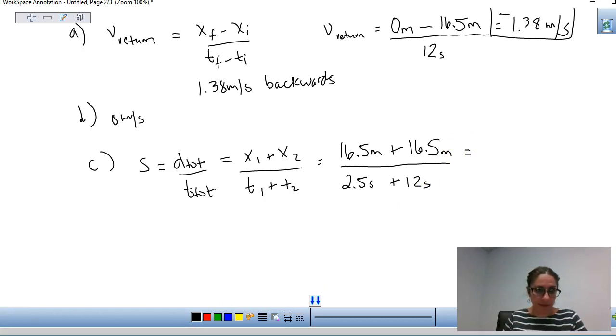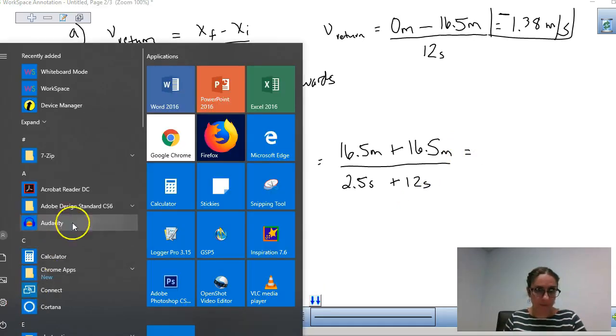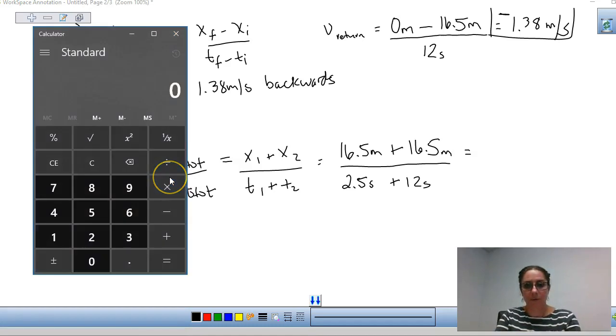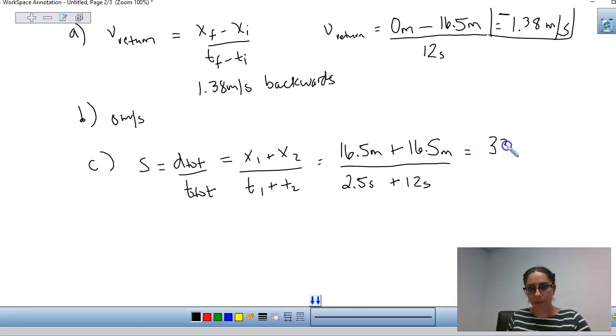Let's go ahead and use the calculator. 16.5 plus 16.5. By the way, there's always shortcuts. Take them. It's totally fine. So 33, and then let's do 2.5 plus 12. So we have 33 meters.